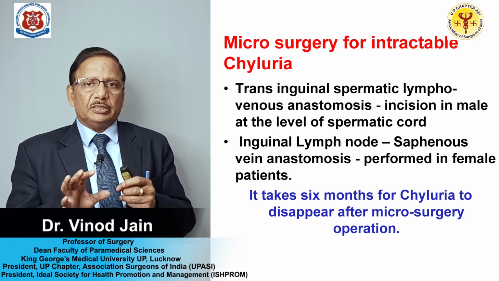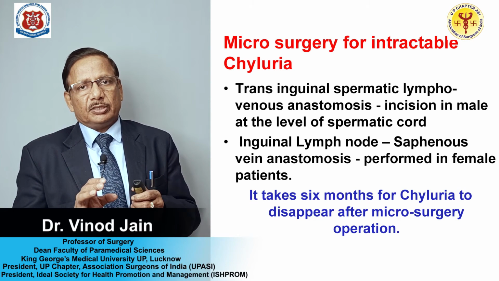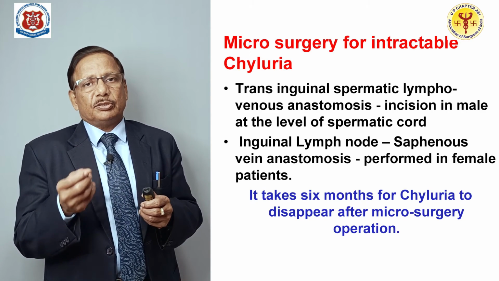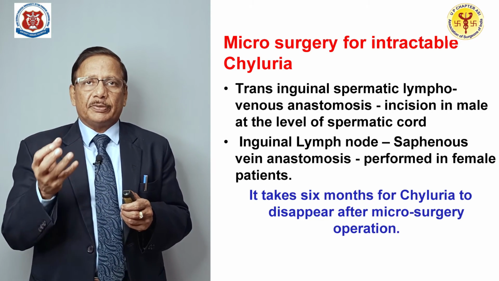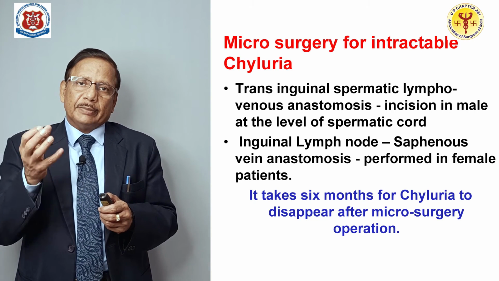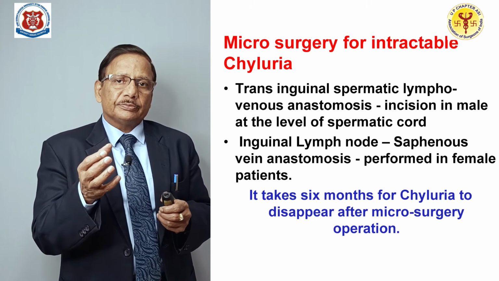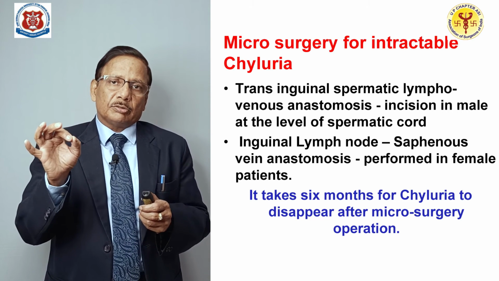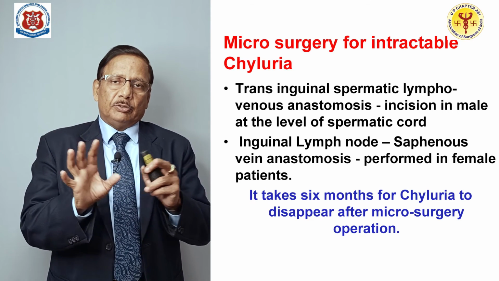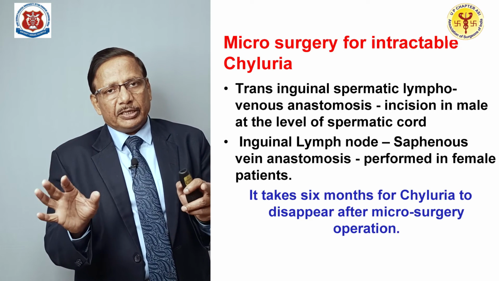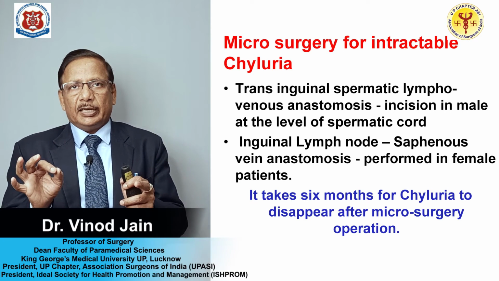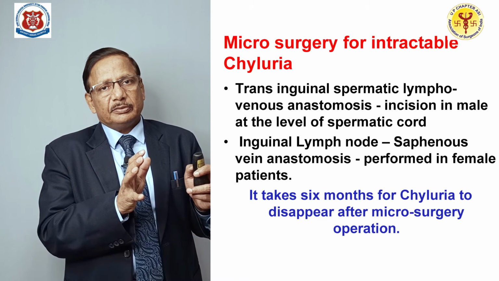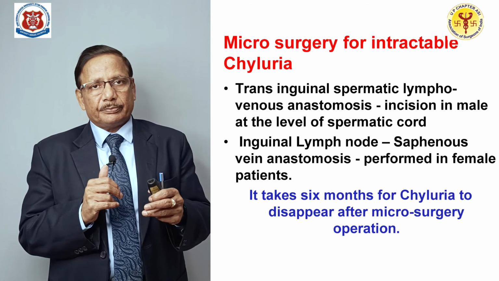As I told you, even if you have done these 2 procedures and the chyluria is not treated, then you have to resort to microsurgery using an operating microscope. In males, you have the spermatic cord. You will open through the inguinal incision, open the spermatic veins as well as the lymphatics, and do the anastomosis between lymphatics and spermatic vein.